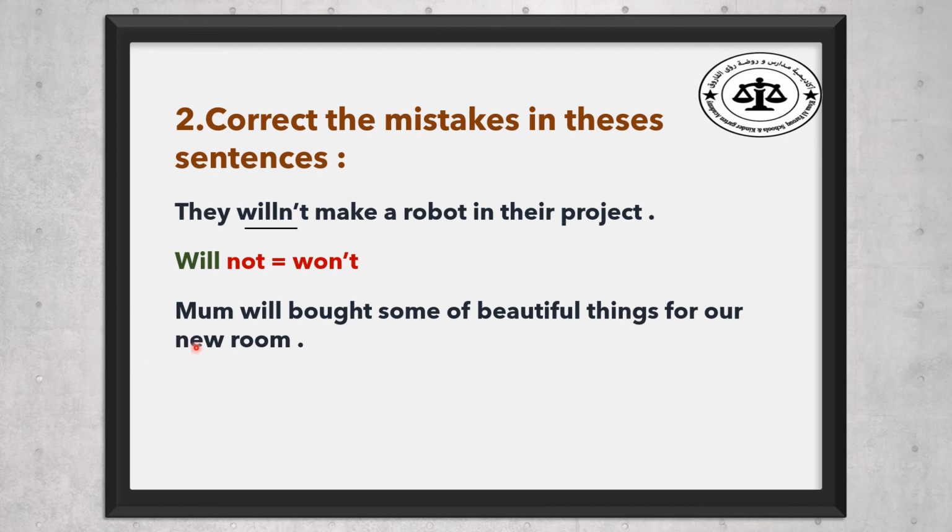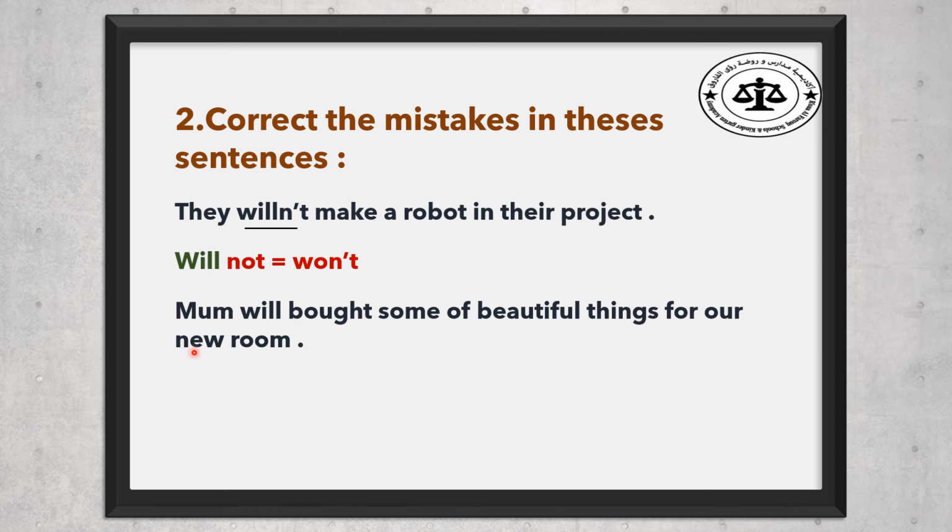Number 2. Mom will bought some beautiful things for our new room. Mom will what? Where is the mistake here? Yes, excellent, bought. This is, yes, a past verb. And after will, we have to use what? Infinitive verb, excellent. What is the infinitive verb of bought?